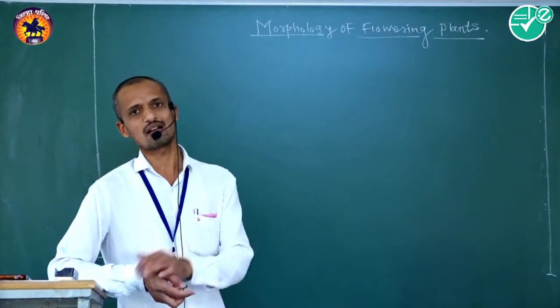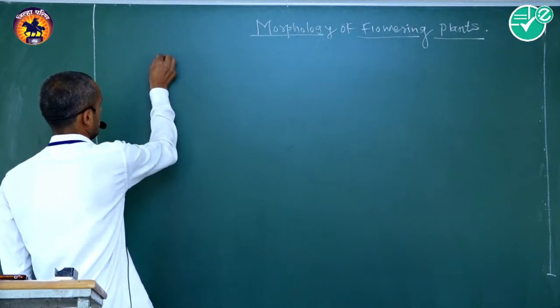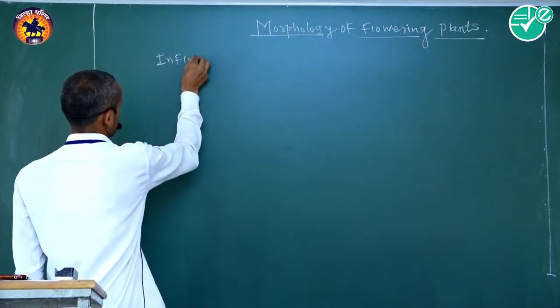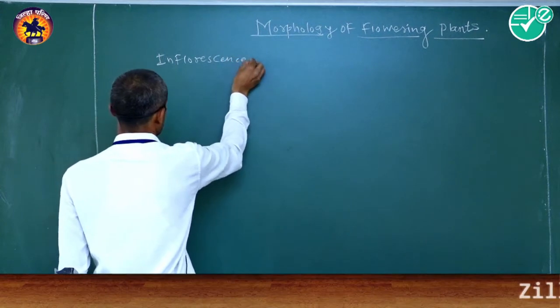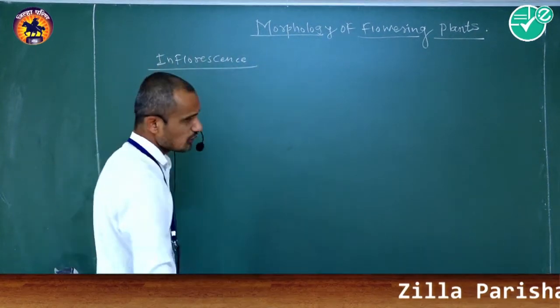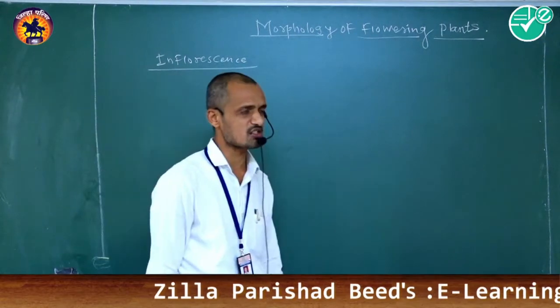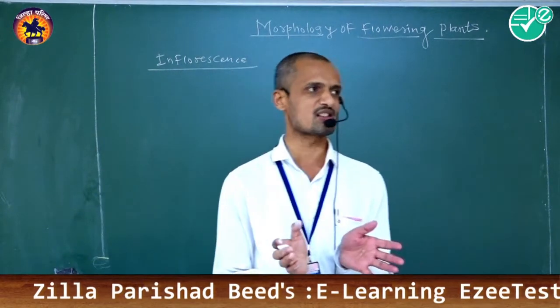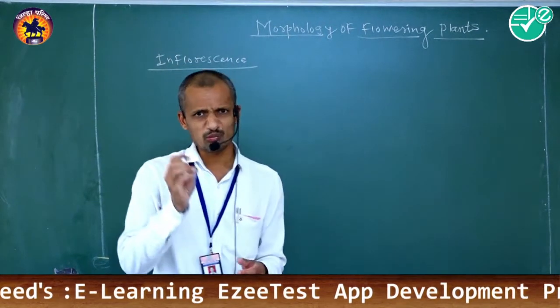Of those articles, in this lecture I will tell about inflorescence. Inflorescence means the mode of arrangement of flowers on the inflorescence axis, or peduncle, or main axis.